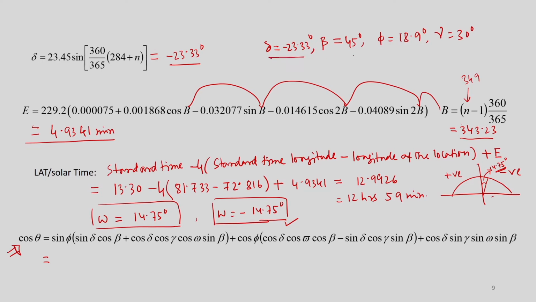If we substitute here, then we will get a value of something like 0.826258. We just need to substitute the values, and finally, we have theta equal to 34.28 degree.